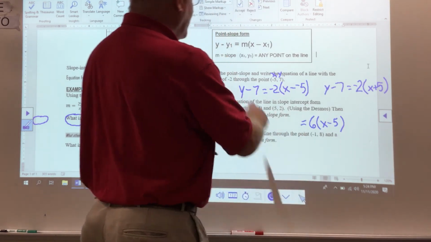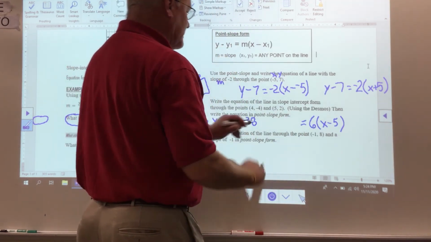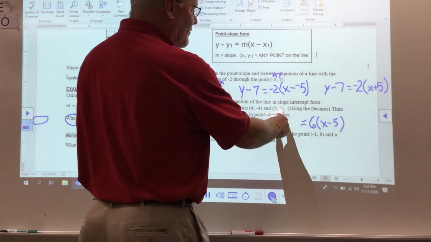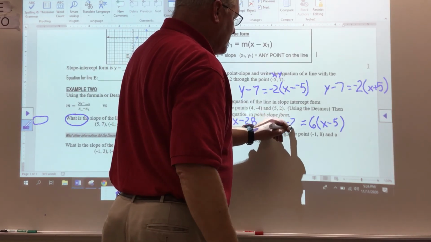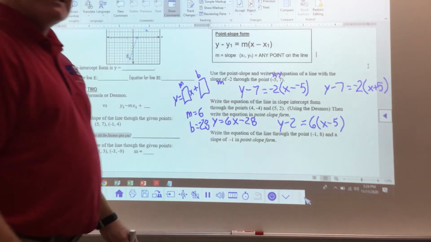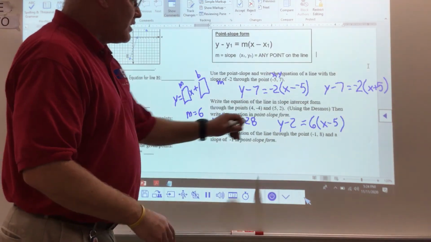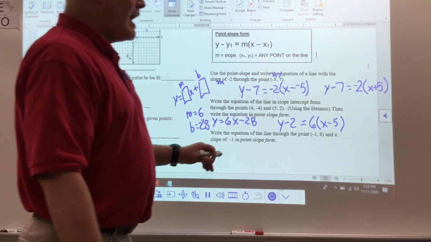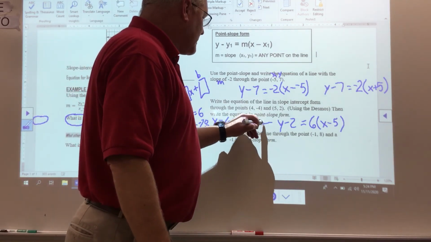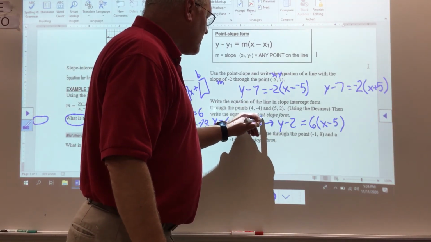Over on the left side here, I need a y minus the y from the point, which is 2. And those are the same thing, folks. If you distributed that and you manipulated that equation, these guys are the same equation.